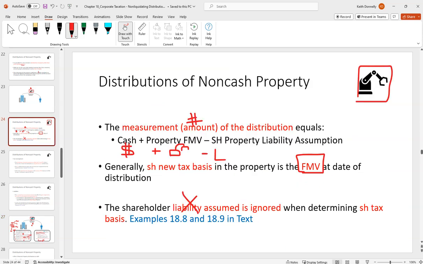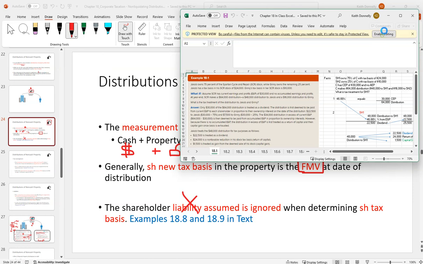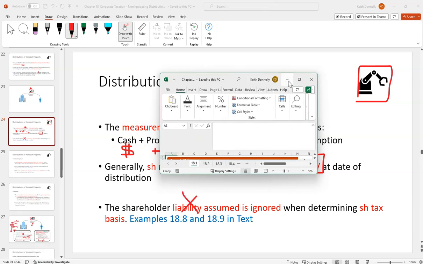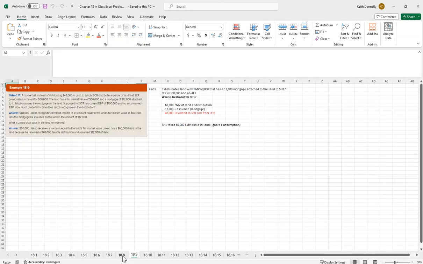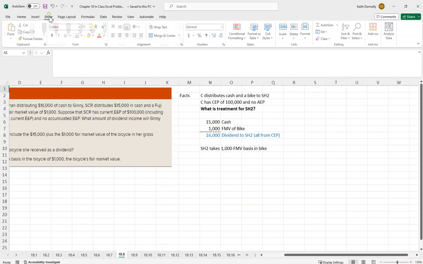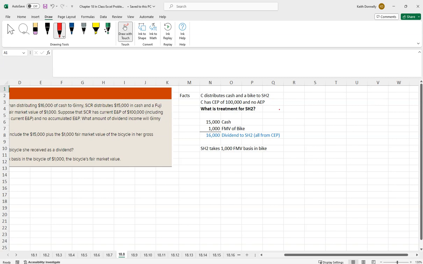Let's look at 18.8, 18.9. Nope, of course it disappeared on me. All right, we have a corporation.